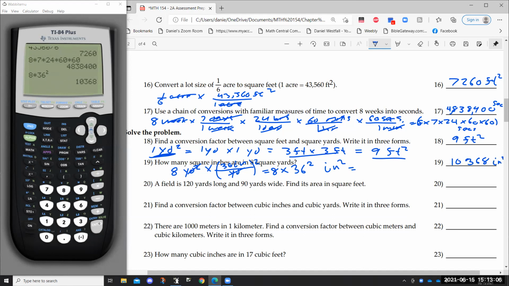Okay. Field is 120 yards long, 90 yards wide. What's its area in square feet? So, 120 yards by 90 yards. We're going to convert each yard to feet.